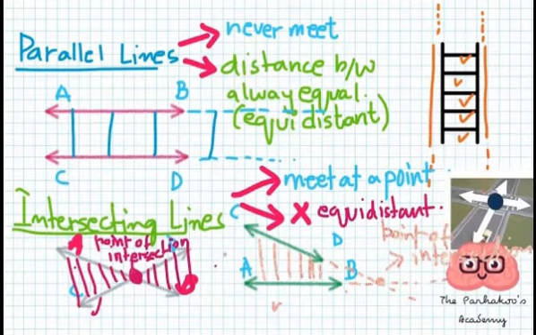The real life example of intersecting lines could be the junction points on the road. If you see here in this diagram, this is the road and this is another road, and this is that point of junction, and in geometry this junction point is nothing but the point of intersection. So these two roads basically are intersecting.